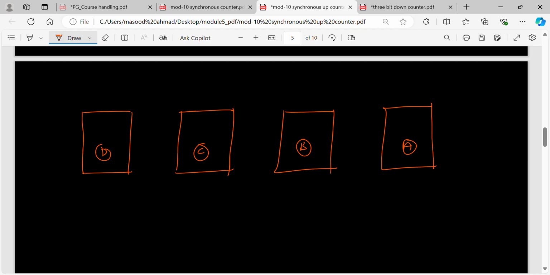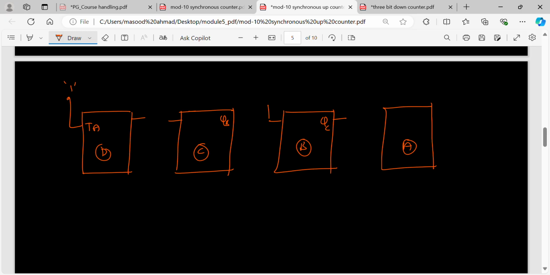So what is TA? TA should be always high, so this will be connected to 1. There is a QA, of course, and there is a QB. This is a TB, this is a QB. This is a TC, this is a QC.